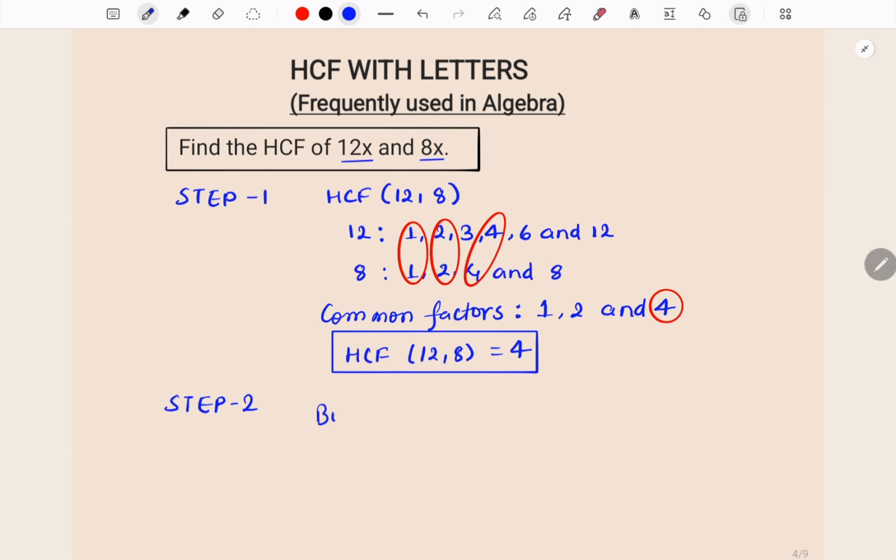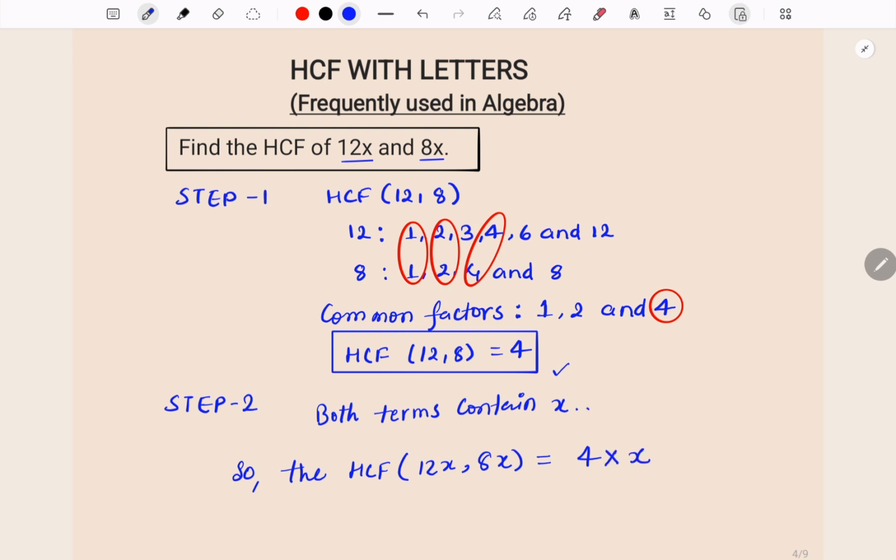So since both terms contain x, the HCF of 12x and 8x is 4, that is the result from step 1, and x, that is the result from step 2. So 4x is the HCF of 12x and 8x.